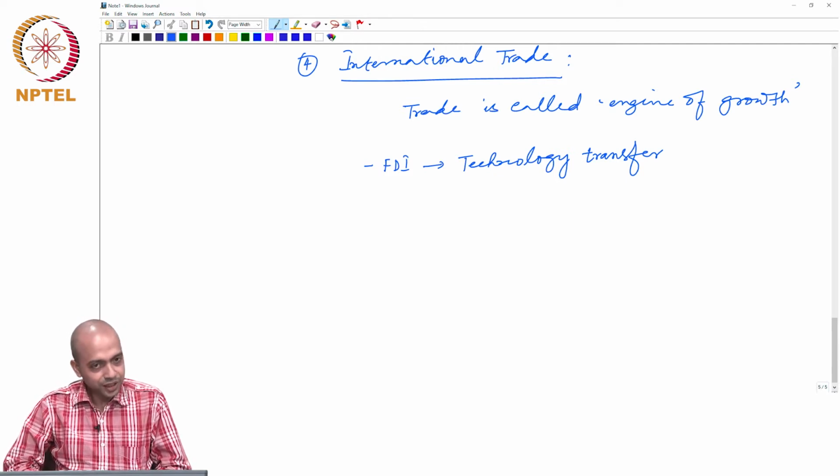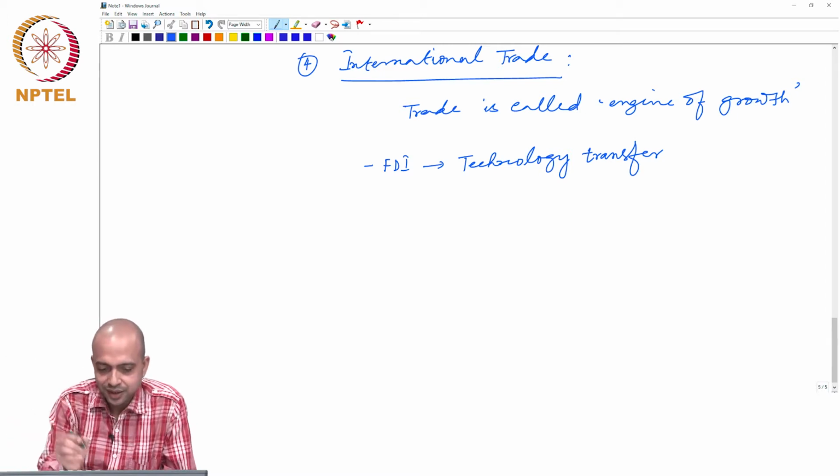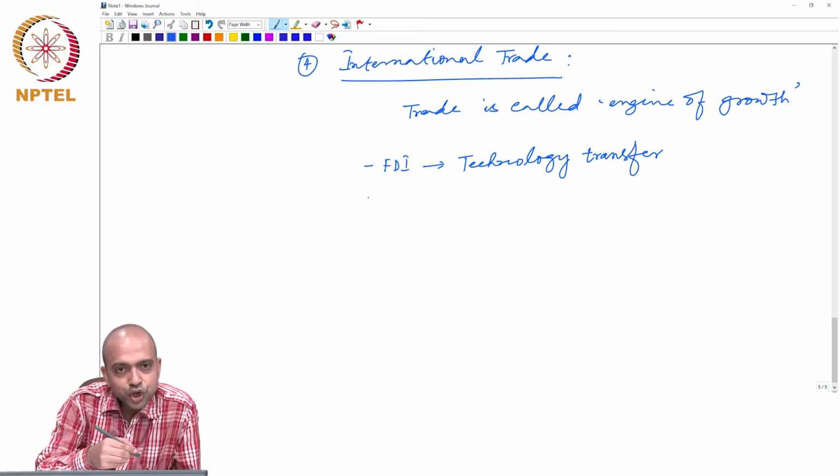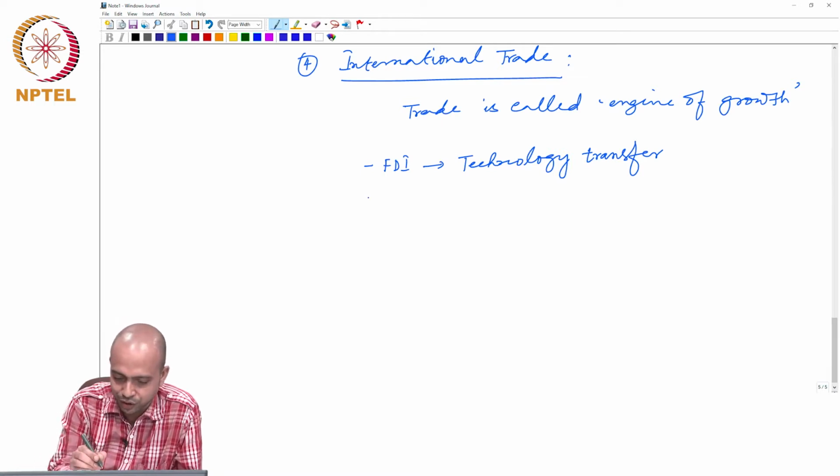But there is another group of economists who say that FDI or technology transfer, which we generally think of as pollution reducing for the developing economies, may not be like that. It can be pollution enhancing also for these less developed economies.